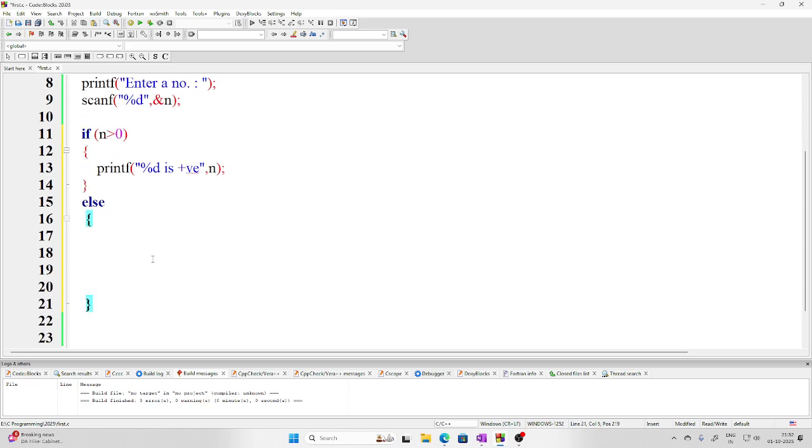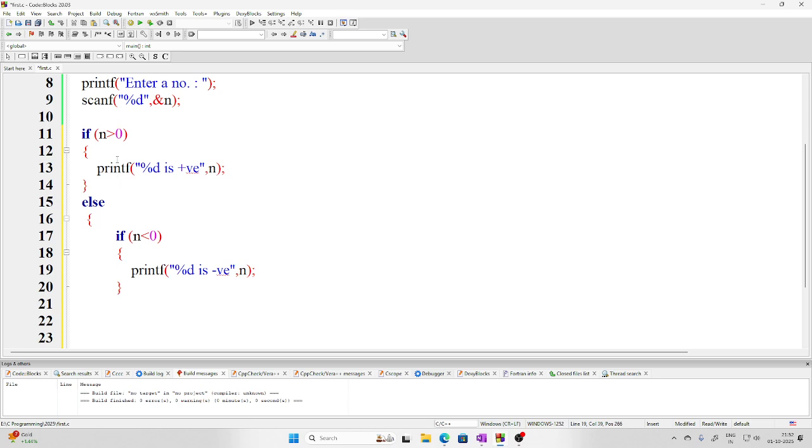Now if this condition becomes false, then there are two possibilities. What are those? If this is false, then the number can be either negative or 0. So let us check. If the number is less than 0, then what do you have to say? printf "%d is negative", comma n. That's it.